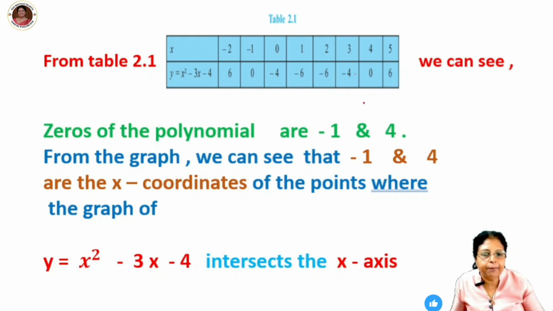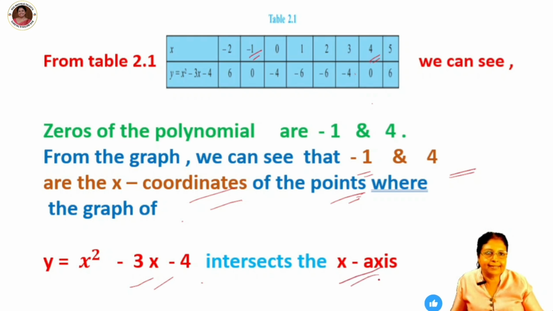From the table we can see -1 and 4 are the zeros of this polynomial. From the graph we can see that -1 and 4 are the x coordinates of the points where the graph of y equal to x square minus 3x minus 4 intersects the x-axis.